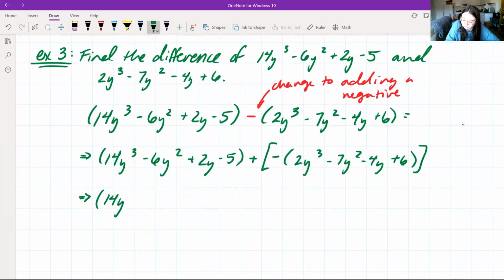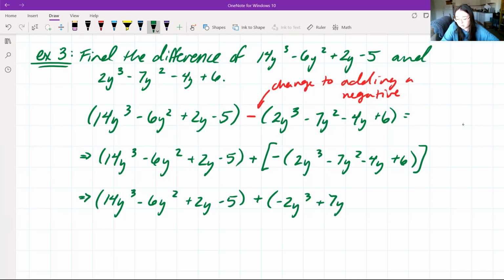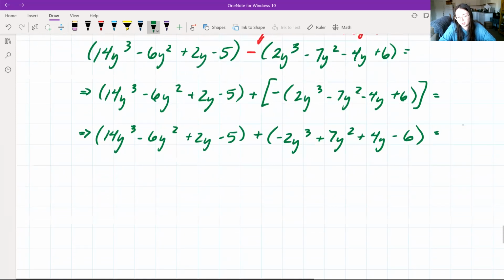So now we get 14y cubed minus 6y squared plus 2y minus 5 plus -2y cubed plus 7y squared plus 4y minus 6. So this is our expression now that we're solving for. And we want to do it the same way as we did for adding our polynomials.